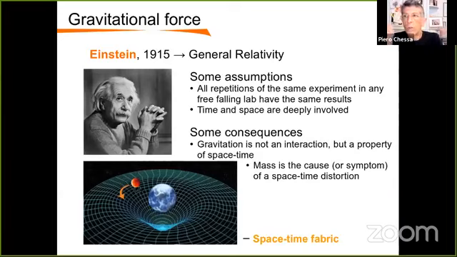Think of a very far away falling lab, far away from any mass. This falling lab indeed is an inertial system. So in any free-falling lab and in any inertial system, experiments must have the same results. That means they must have the same forces, the same interactions.